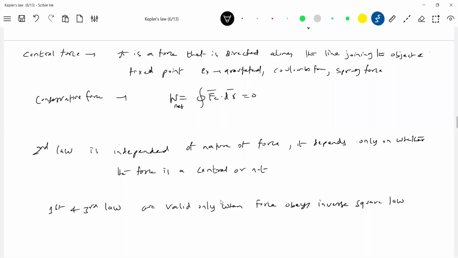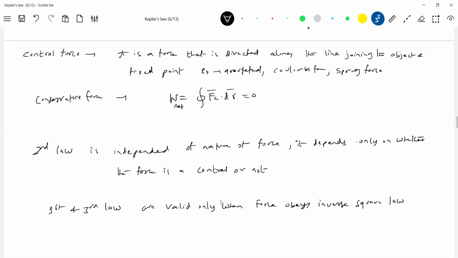So the mathematics I showed, that is what I'm concluding here. When I derived the second law, did I bother about the force? Nothing came, no. But when I'm talking about the first and third law, what did I apply? Conservation of mechanical energy. The potential came in. Why is the potential like this only?